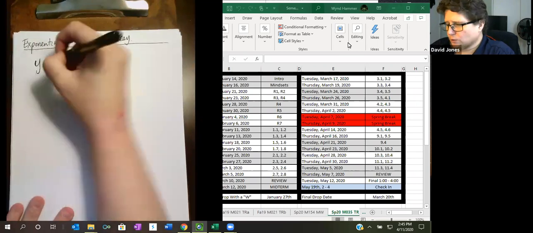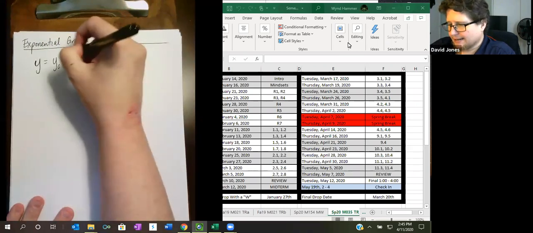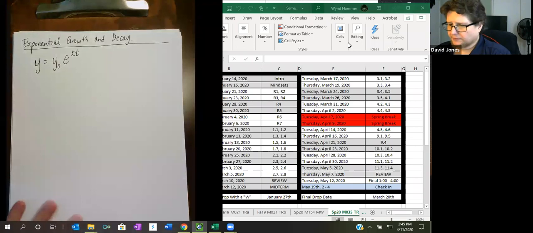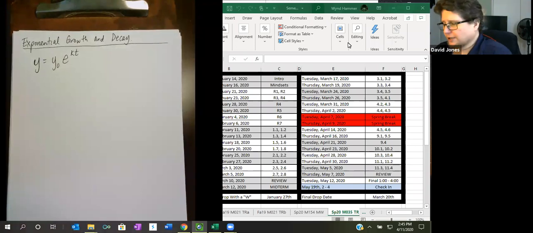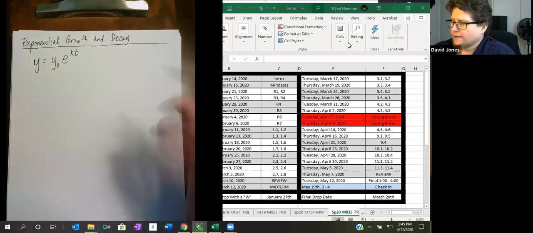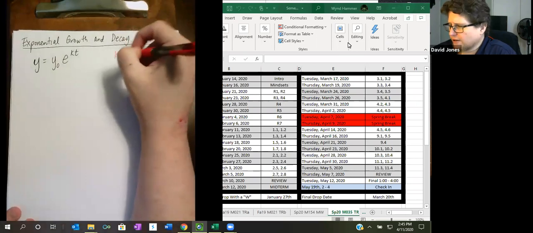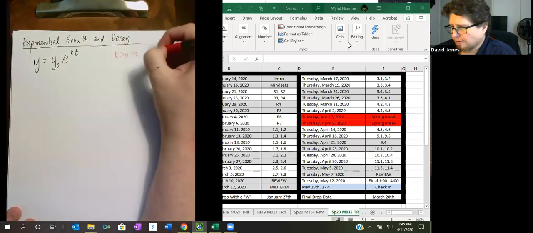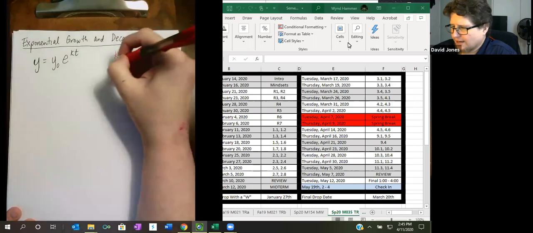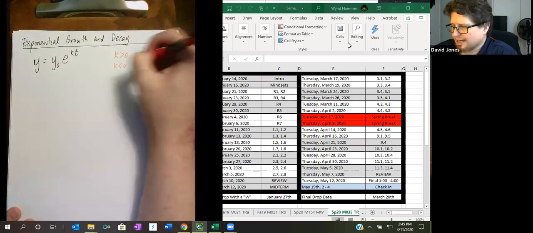We have y equals y naught e to the kt. That's the general equation. If k is greater than 0, we have growth. If k is less than 0, we have decay.